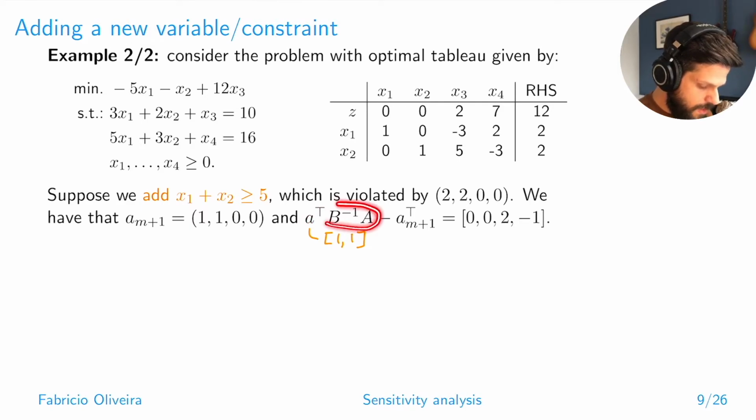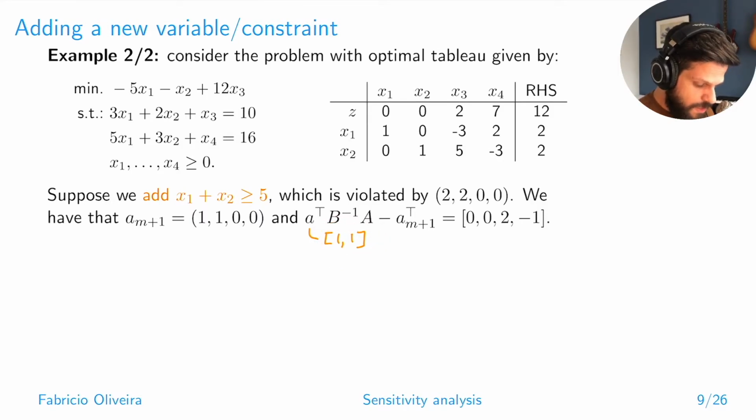What I get from here is a vector with 1 row and 4 columns. Sorry, let me think through my row operations here. This is a 1 by 2 vector times a 2 by 4 matrix, so I will get a 1 by 4 vector.